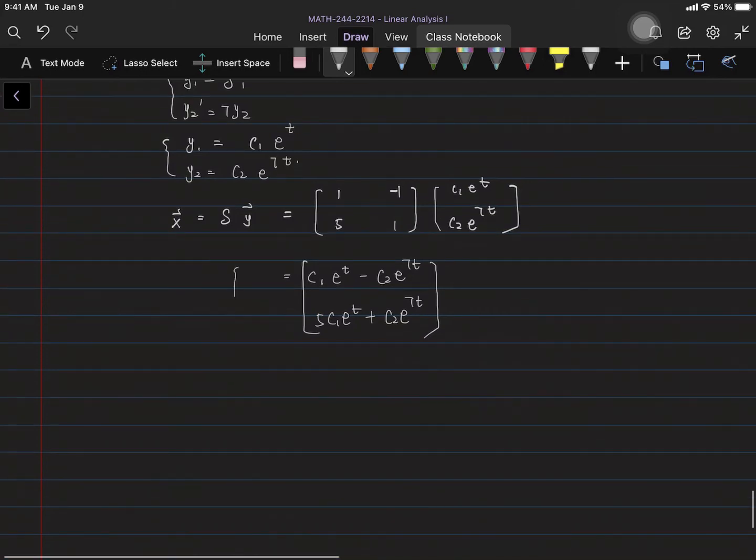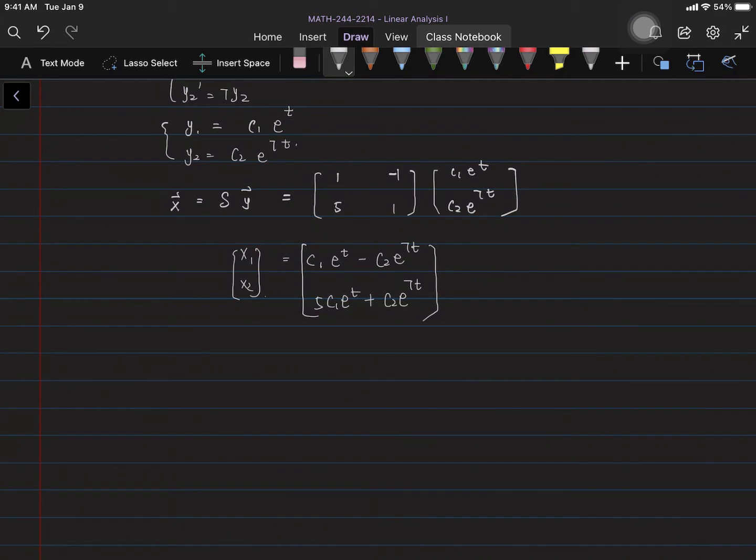Or you can write down x1, x2. Doesn't matter too much. Okay, just use x vector equals that one. So this is how we solve the linear system. So we can see the steps. First, diagonalization, find S and B. And then step 2, solve for y.